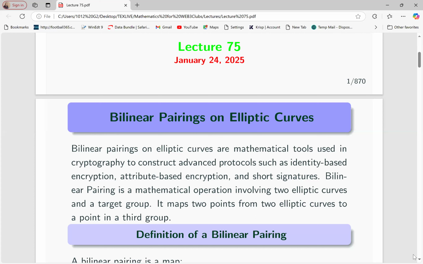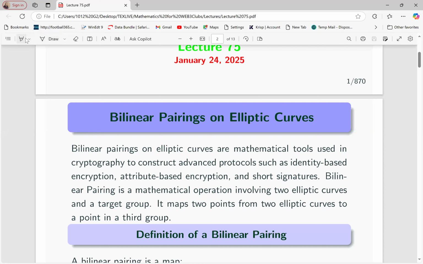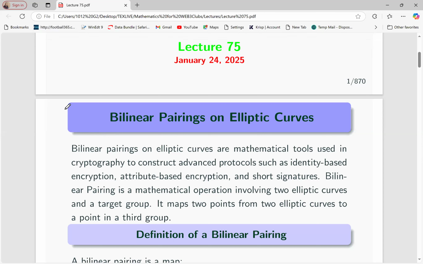Now, in bilinear pairing, what are we talking about? We're talking about two elliptic curves, not necessarily two elliptic curves, but two groups, and another group.